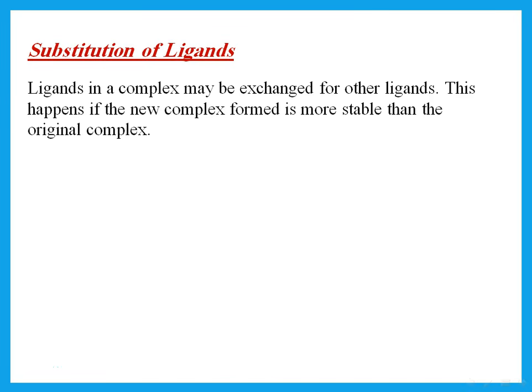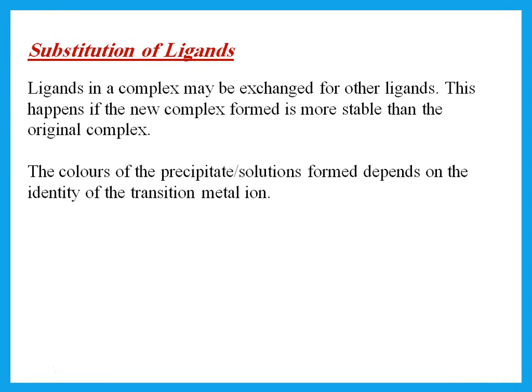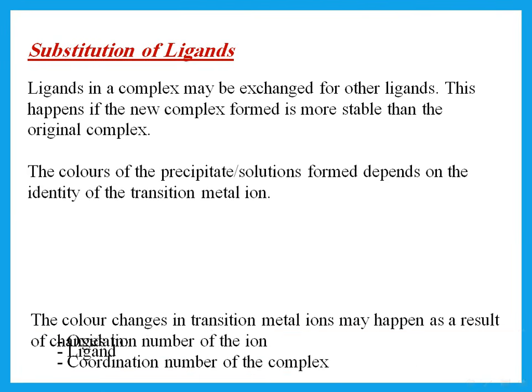Okay, we can have substitution of ligands. That means ligands in a complex may be exchanged for other ligands. This happens if the new complex formed is more stable than the original complex, and the colors of the solutions formed depend on the identity of the transition metal ions. So different metal ions will give different colors with different complexes and different ligands.